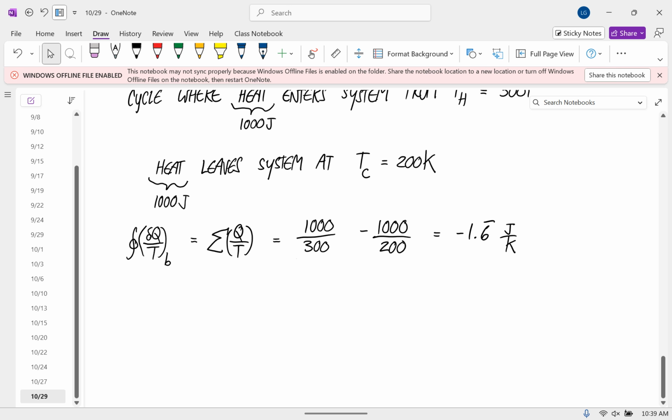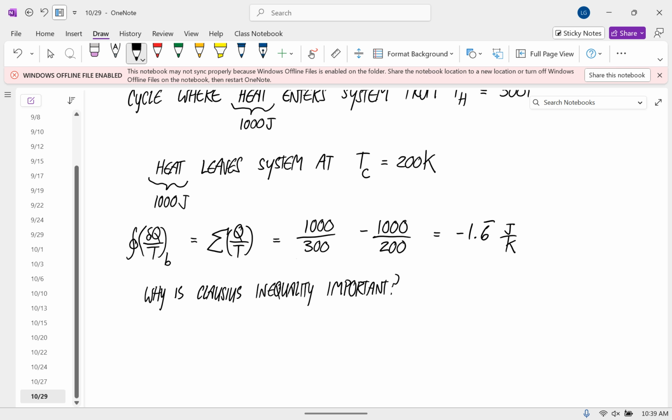Okay. So why is this important? So why is the Clausius inequality important? Entropy comes from this idea.